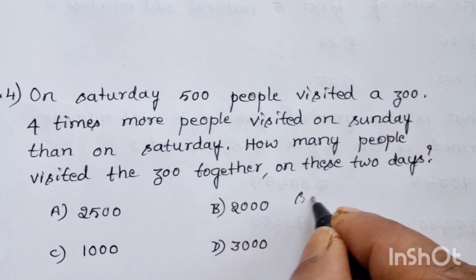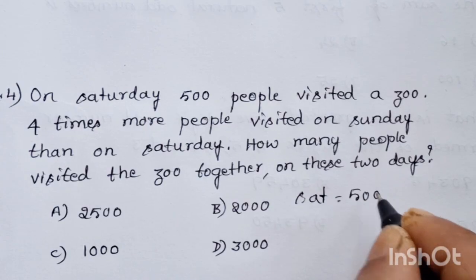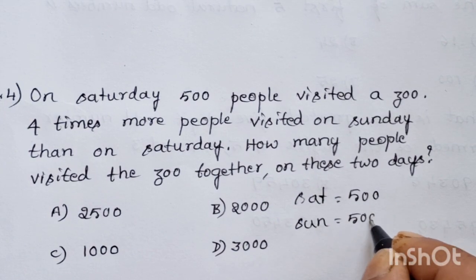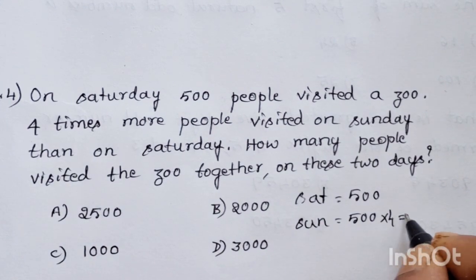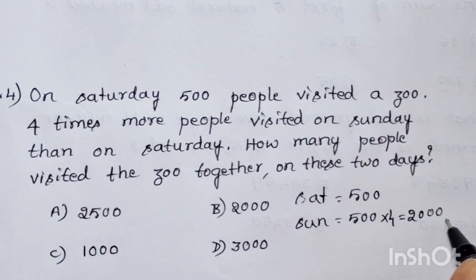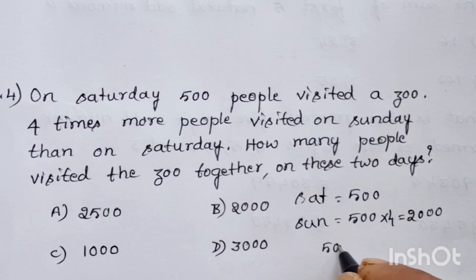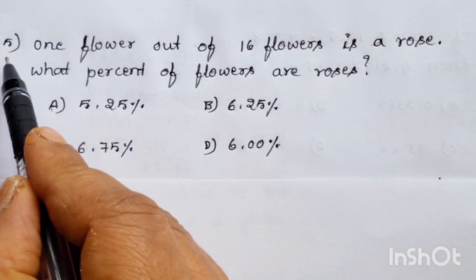We can write it as on Saturday it is 500 and on Sunday it is 4 times 500, that is 500 multiplied by 4, and it is 2000. By adding these two, 500 plus 2000, we get 2500. So the correct option is A, 2500.